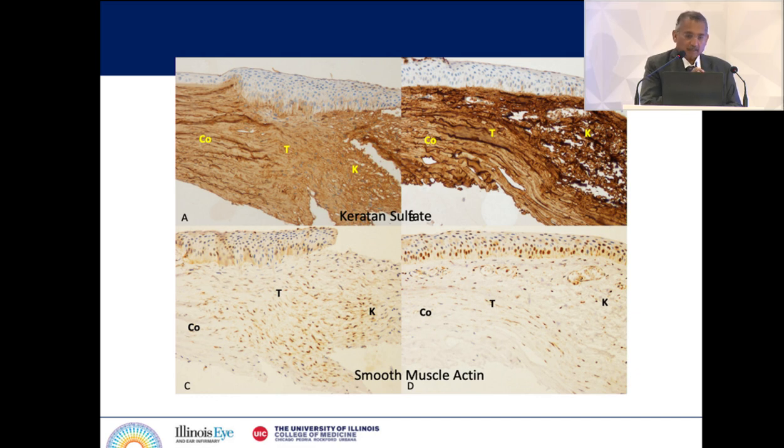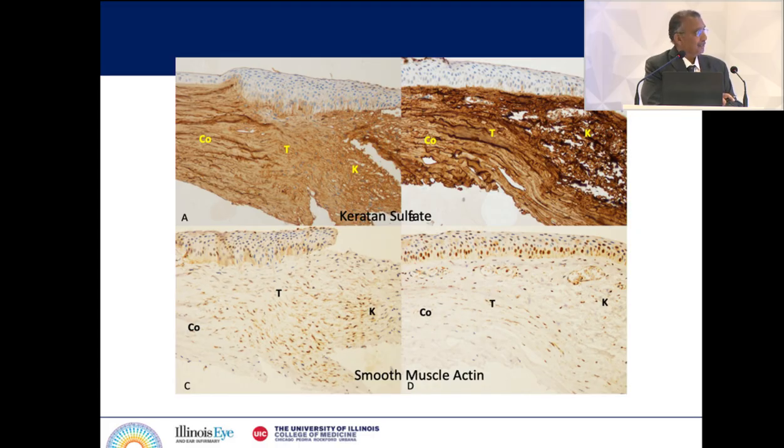This is the take-home point here. Number one, this is the junction between the keloid and the normal cornea. And again, keratan sulfate. So the hyperplastic scar is not fibroblasts from elsewhere. It really is the corneal keratocytes that are activated that form the hyperplastic scar, given that they are producing keratan sulfate just like the normal cornea. So that's point number one.